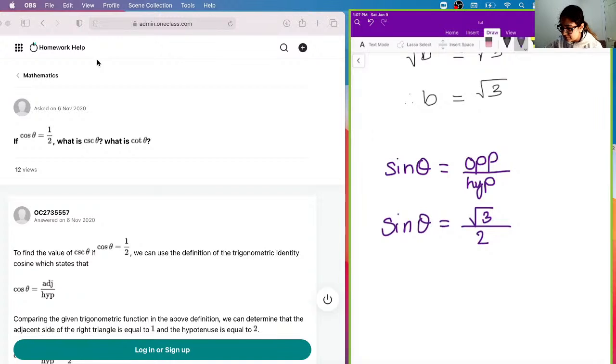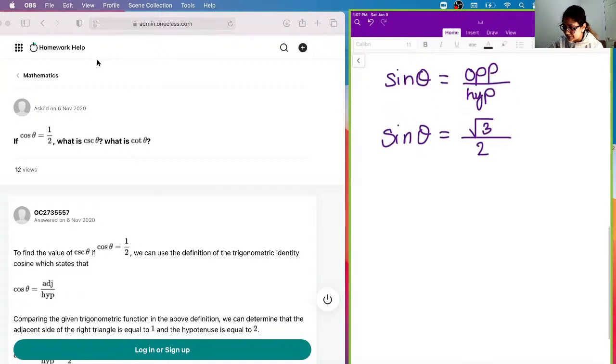And now, as I mentioned before, cosecant is the reciprocal of sine.